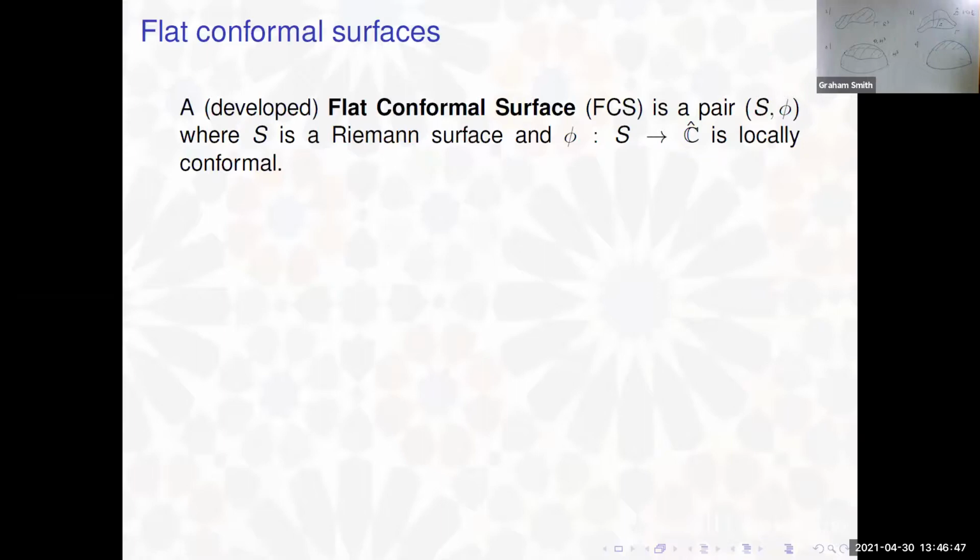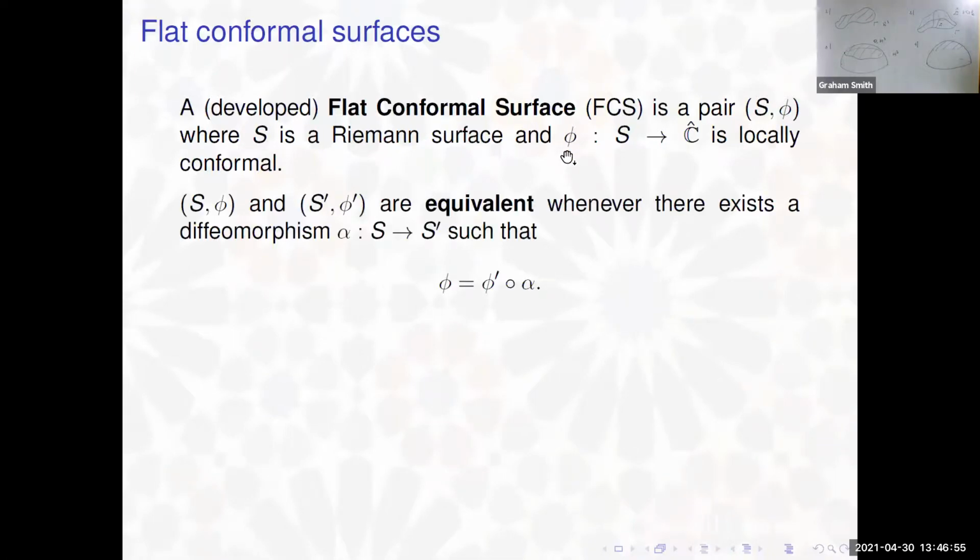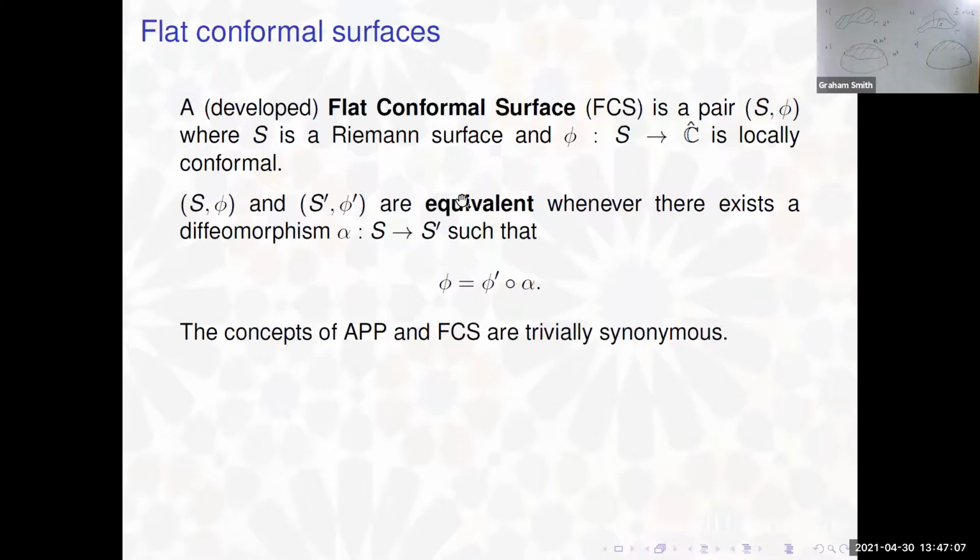Anyway, I'm going to define a flat conformal surface to be a pair (S, phi), where S is a surface and phi is some locally conformal map. We will say that two flat conformal surfaces are equivalent whenever there exists a conformal diffeomorphism mapping the one to the other. So there's a sense of déjà vu here, and that should not be surprising.